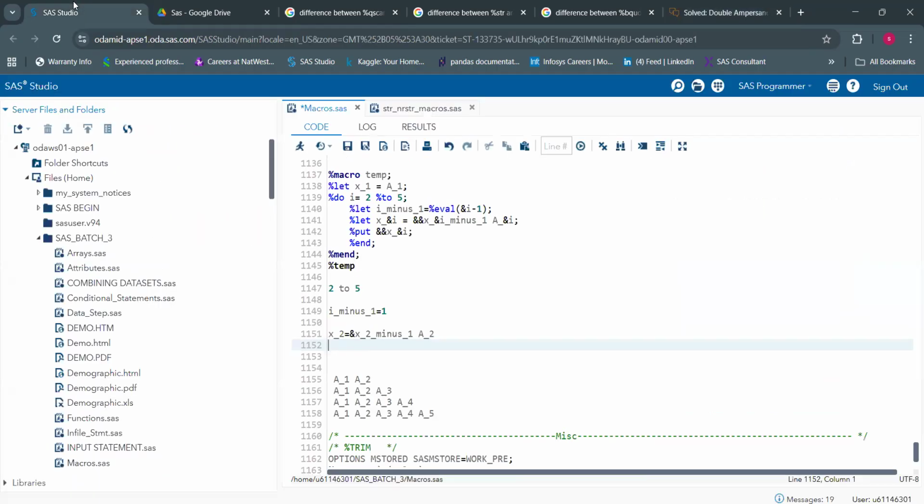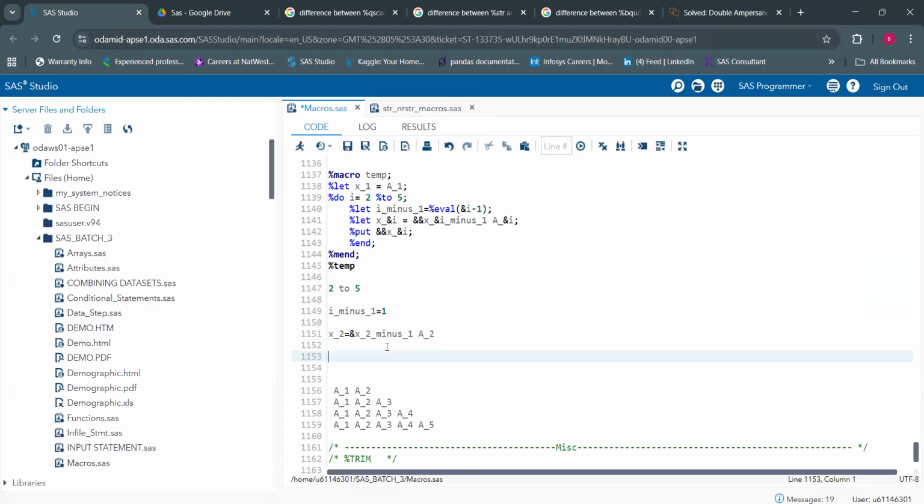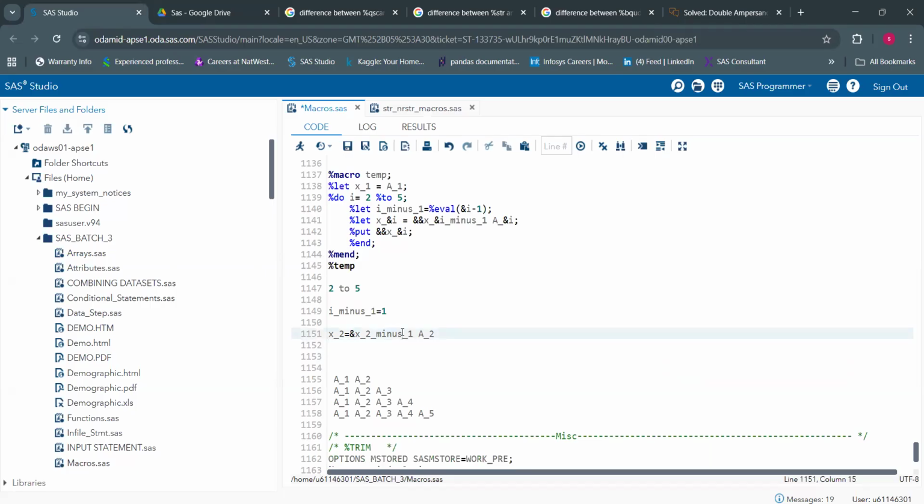It is considering minus to be part of it. So let me try in my words, I have to decode this. What is 2 minus 1 of &? It is a_1, a_2. Okay, now it makes sense.